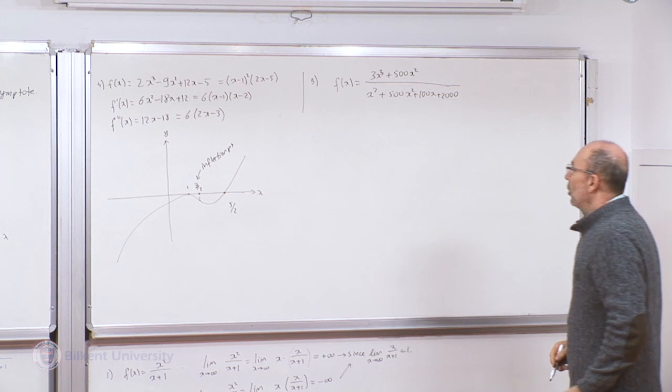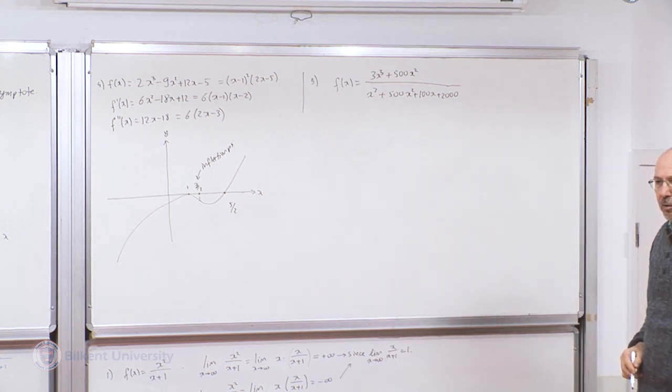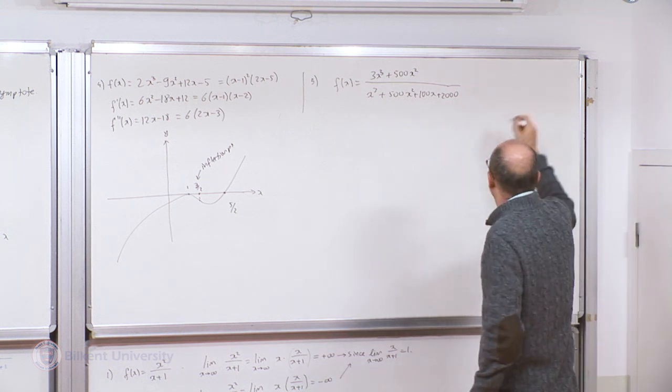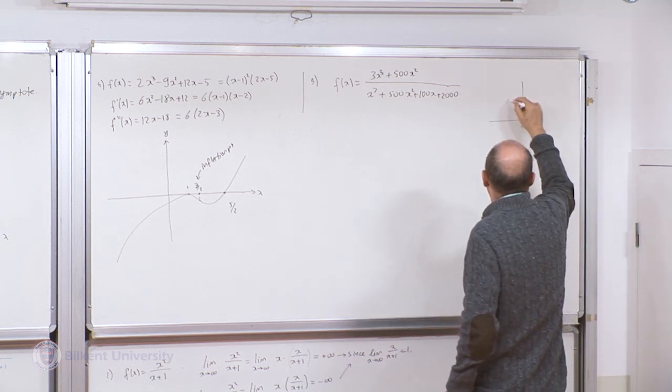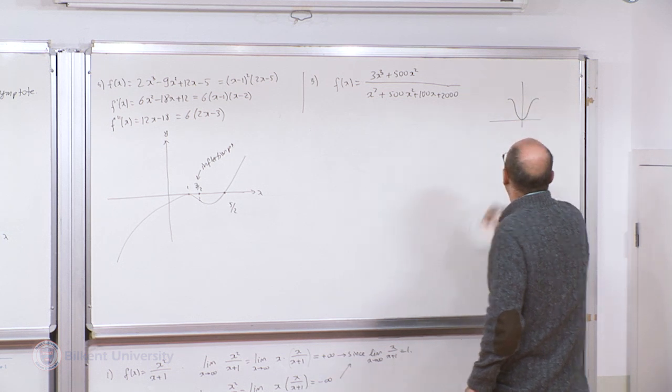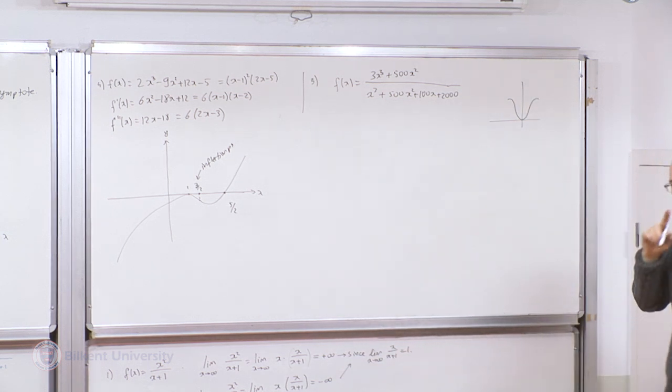Okay, so if you give this to the software and you say plot this so that I get an expectation, this is what you get. Okay, so the software will give you this one.